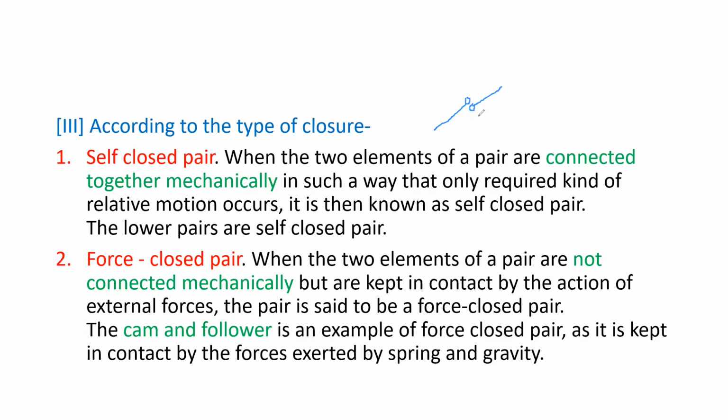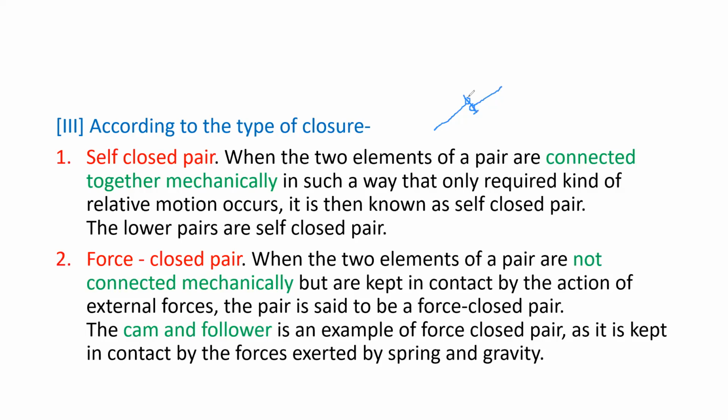So what I will do, I will use some sort of pin which I will pass through the holes of these two links, right? So I will connect them with the help of one pin. That's why it is also called a pin joint.